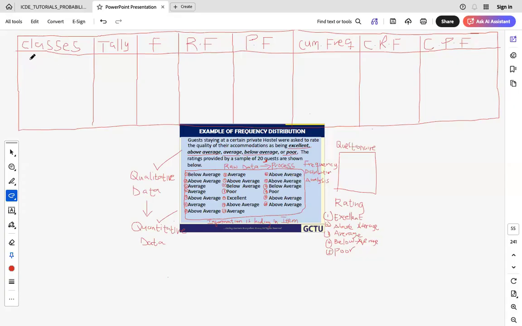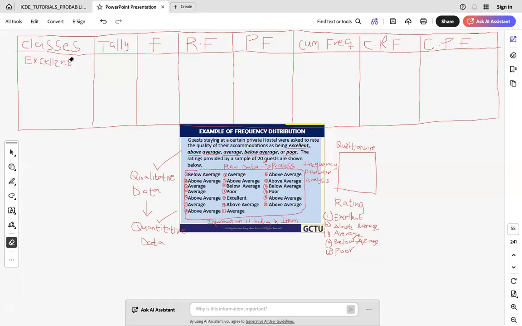So these were the classes. We had some who said the facility was excellent. So that is the first group. Or let's even start with the list. Let's start with the poor, those who said it was poor first.